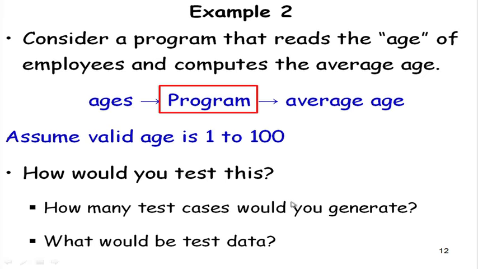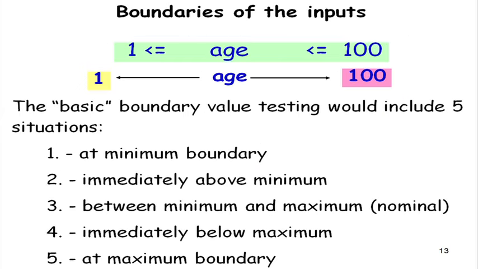And how many test cases will be needed? To answer this question, we actually need 5 test cases. One at the minimum of the boundary, one at the maximum, 1 and 100, one inside, so that is 2, one just below 100 and one representative.